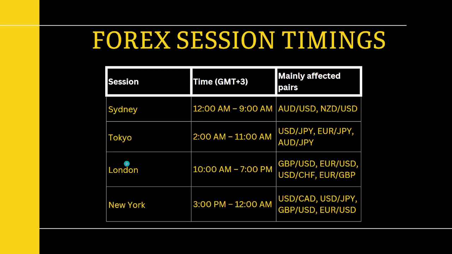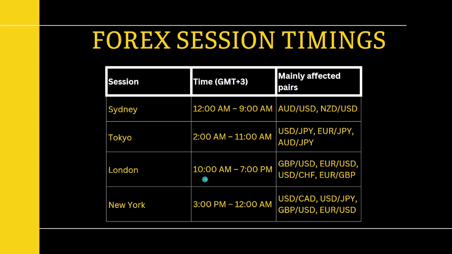The third one is the London session. The London session is one of the most popular sessions, and it also has good volume and good volatility, because when it opens, many traders like trading the London session, and therefore the markets move much quicker than they move during the Asia session, which is Tokyo and Sydney.